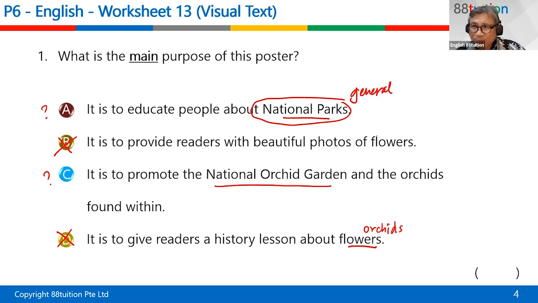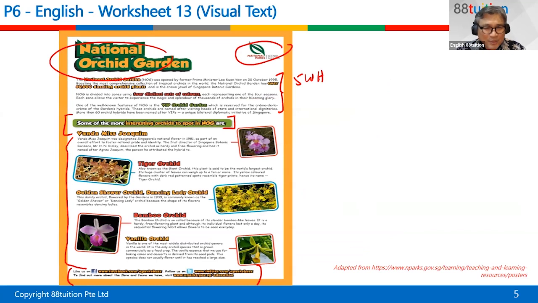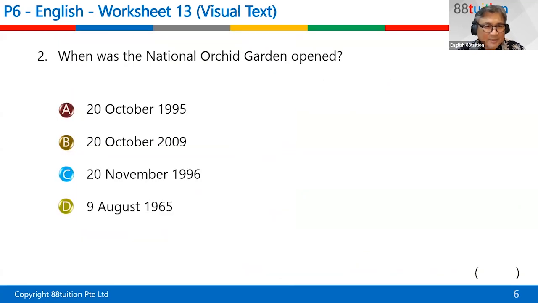Is it too general? Is it talking about national parks in general? Or is it talking about National Orchid Garden? Right? So C would be the most obvious answer, which is what almost all of you have actually chosen. C, selected C. Well done. Right? So let's go on to the second.